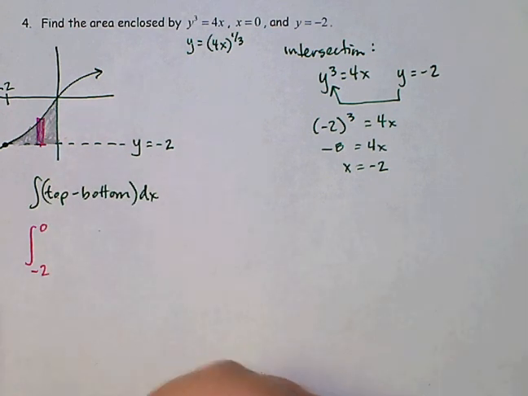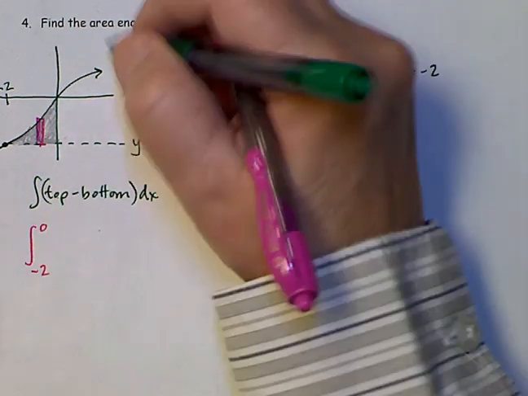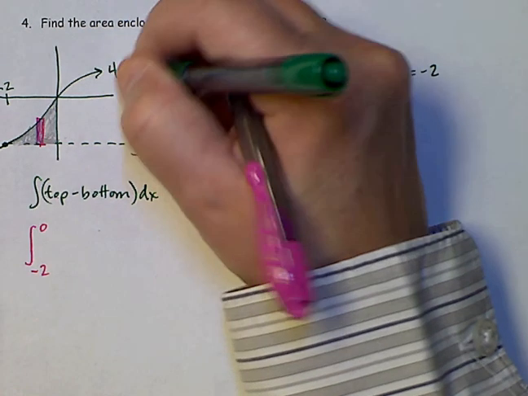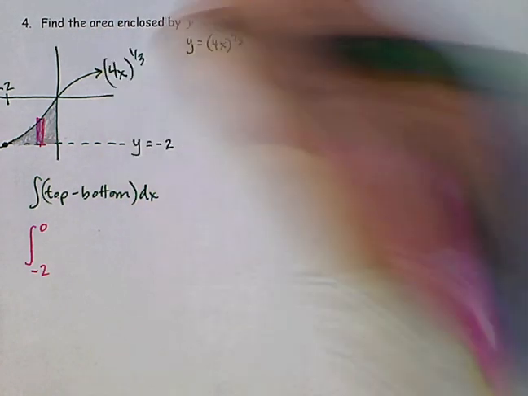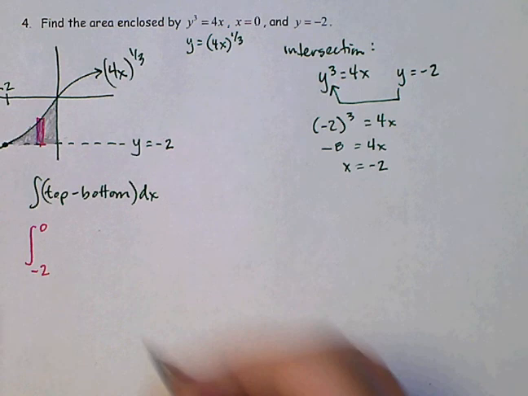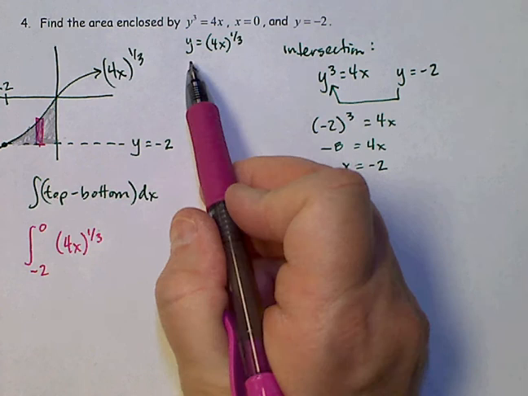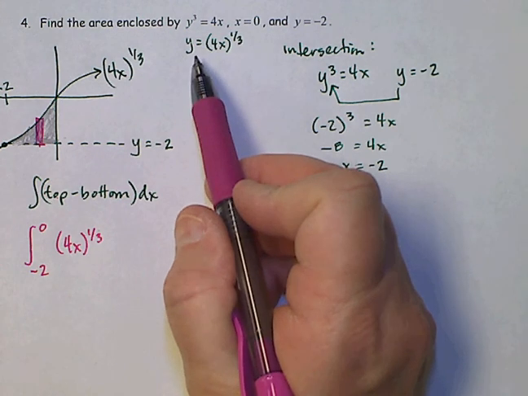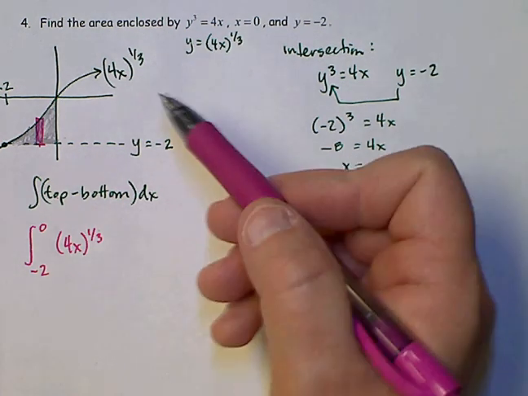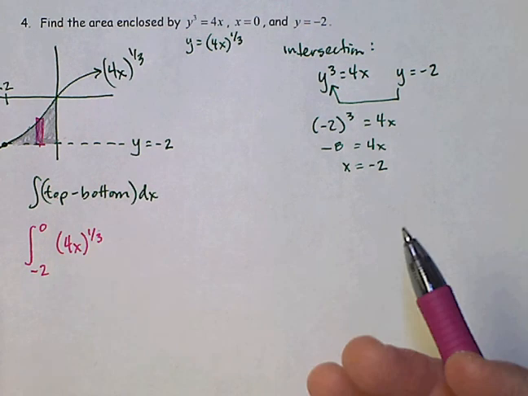The top function is this, 4x to the 1/3 power. And you do need to have that in this form. I can't use the y cubed here because I need it to be a function in terms of just y equals.